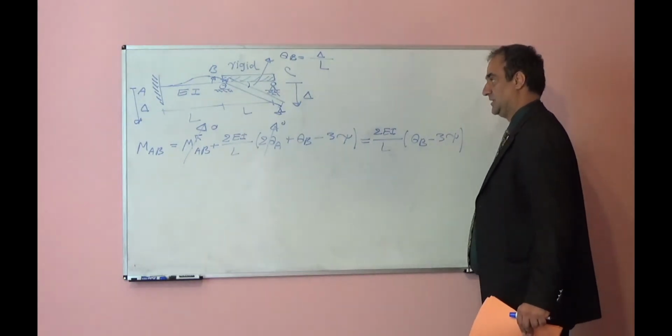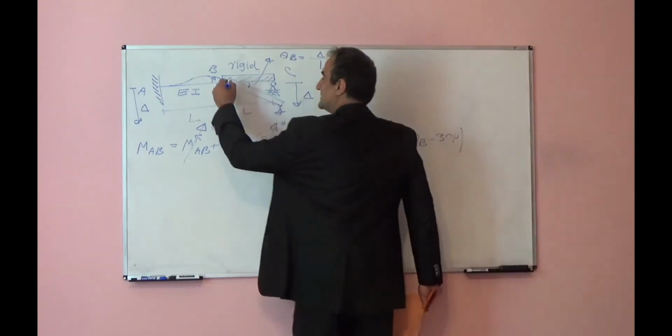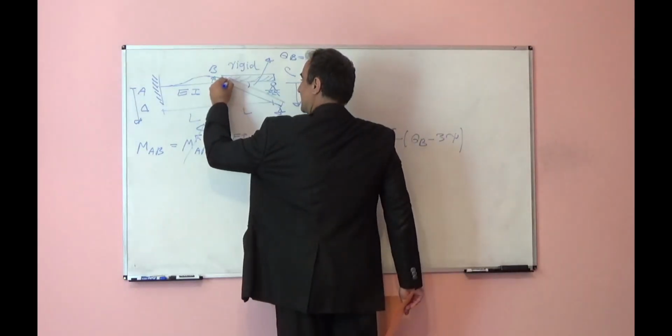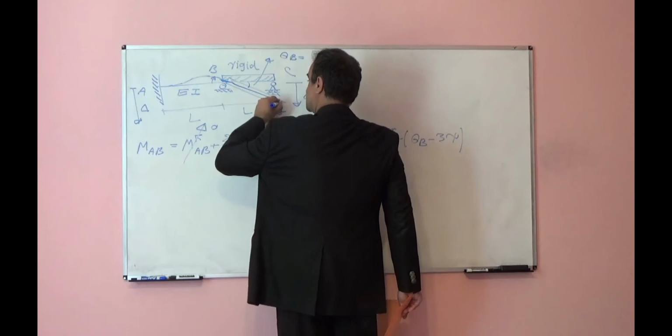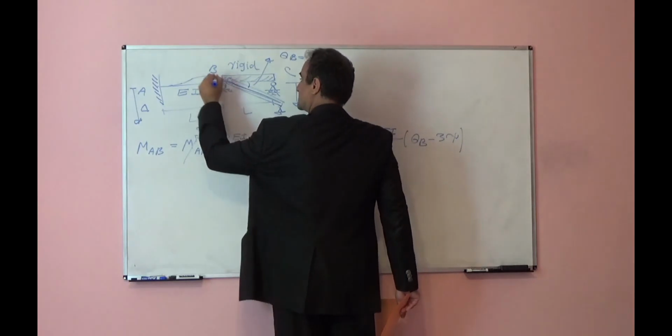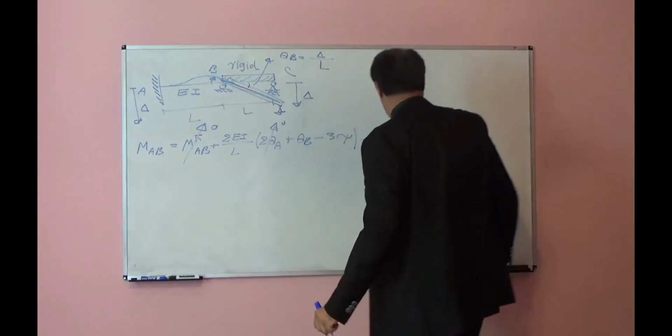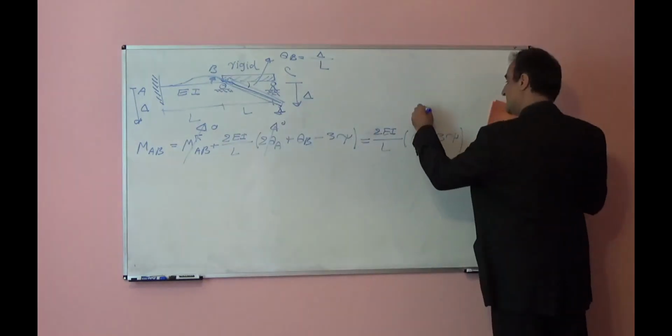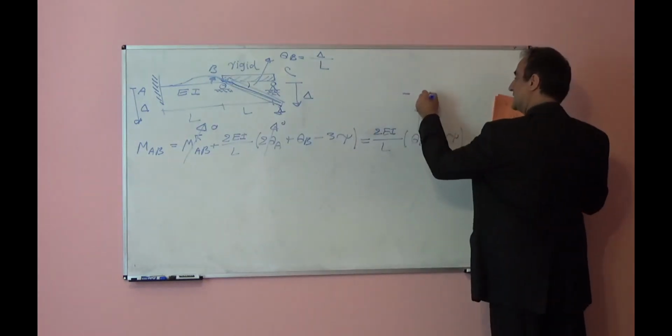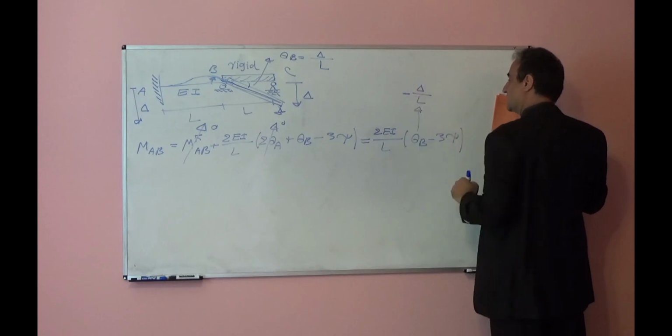So instead of theta B, you can plug minus delta over L.